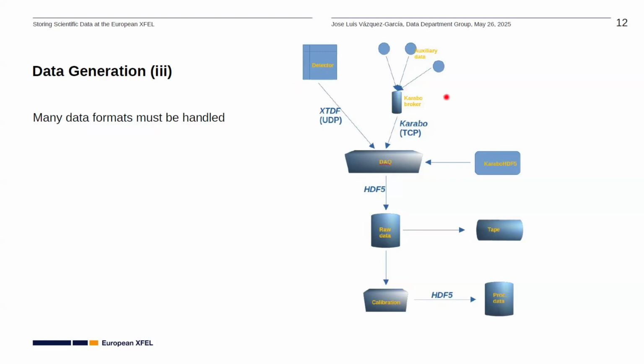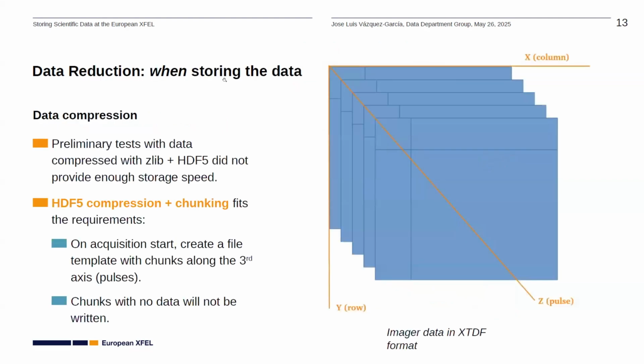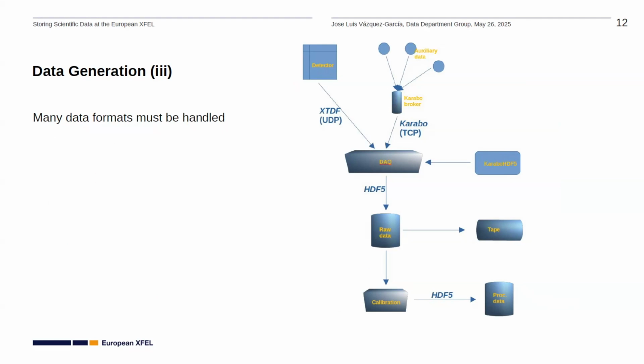The DAG here is responsible, with the help of Corabo HDF5, which is a library that we developed, to gather all those data and make sense of it and save this data in raw format in HDF format. After that, you can do many things like apply calibration to the raw data, and you can generate processed data in HDF format as well.